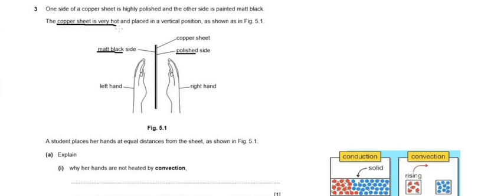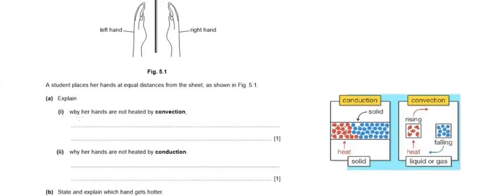But this air will go in the upward direction. They will rise. They don't move sideways, and that's why her hands are not heated by convection.